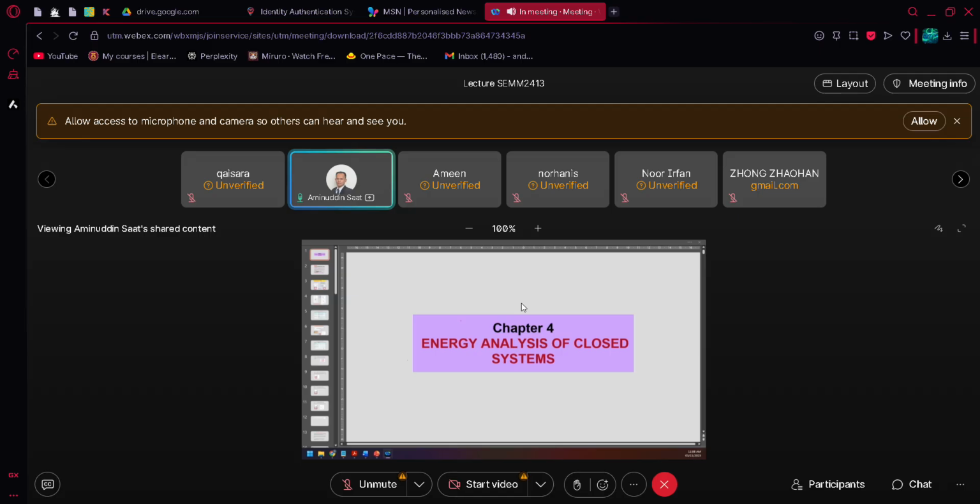But if there is mass in and mass out, you have additional energy which includes the flow of energy. This energy of the system can be transferred either by heat or work. Sometimes for the open system we can also consider the energy due to the mass flow in and out. But for chapter 4, we only focus on the closed system.